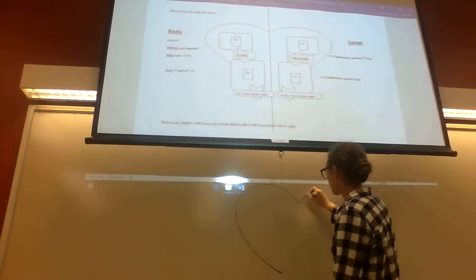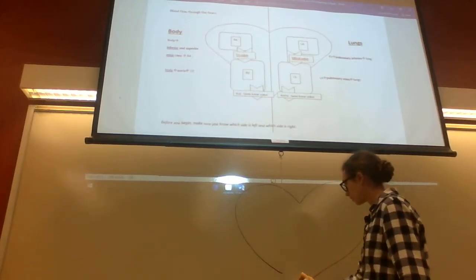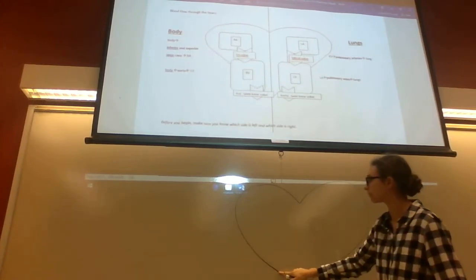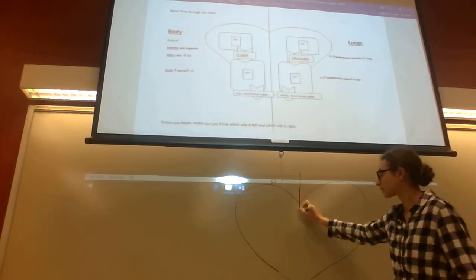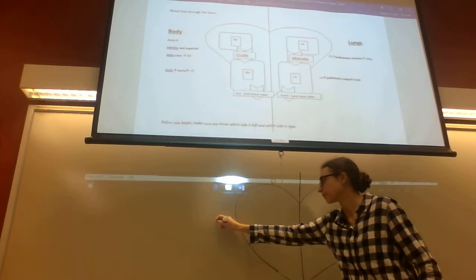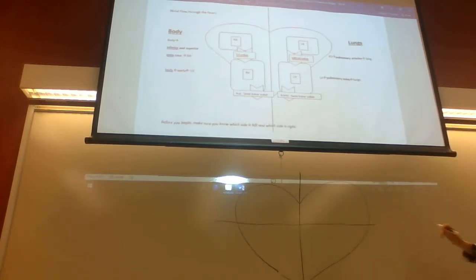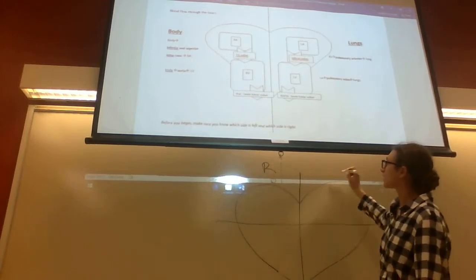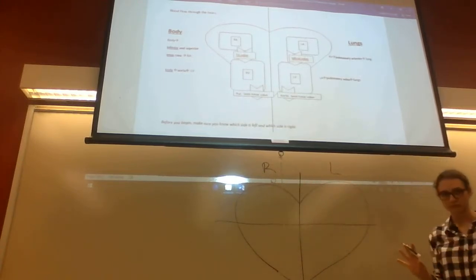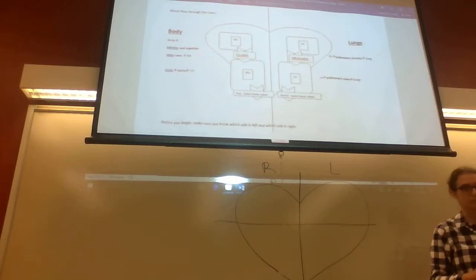The first thing you want to do with your heart is divide it into 4 sections. This is blood flow, so some of you may know this. Divide it into 4 sections and label it as right and left, so you know what you're going to be doing.